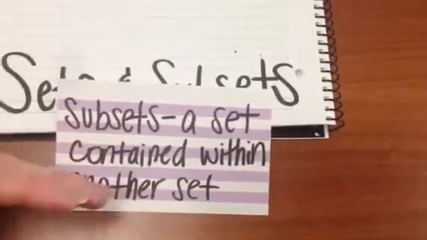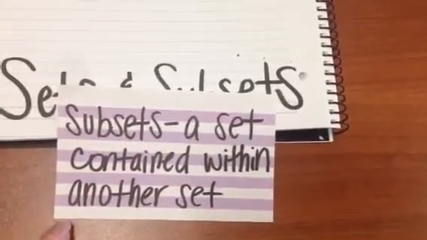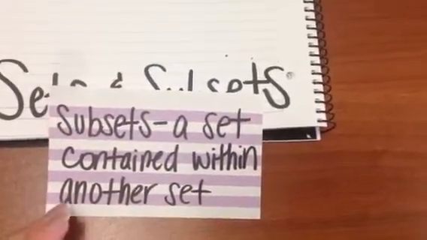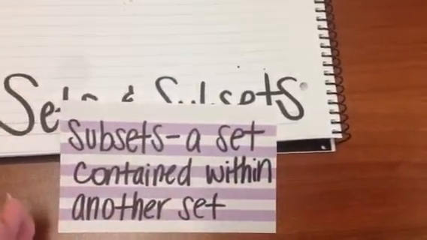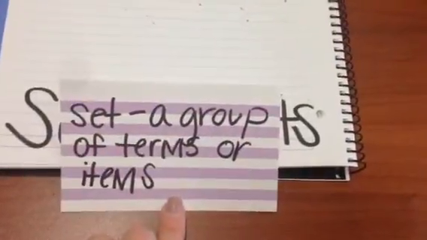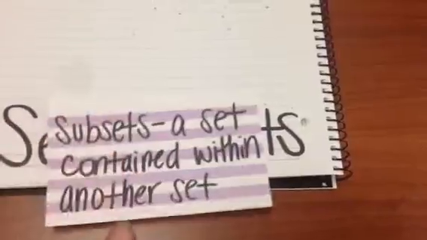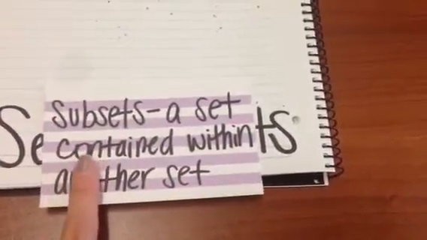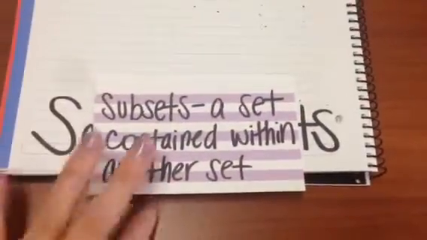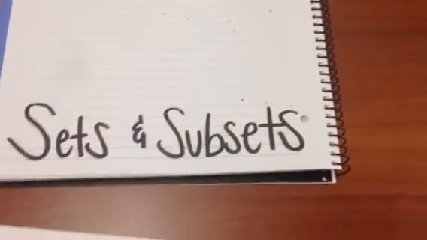We can either go further to say under the category of dogs, we have types such as German Shepherds, Chihuahuas, all different types. Those are also subsets. So we had the set was animals, the subsets were dogs and cats, and a subset of dogs would be German Shepherd and Chihuahua, just to give you a real life example.